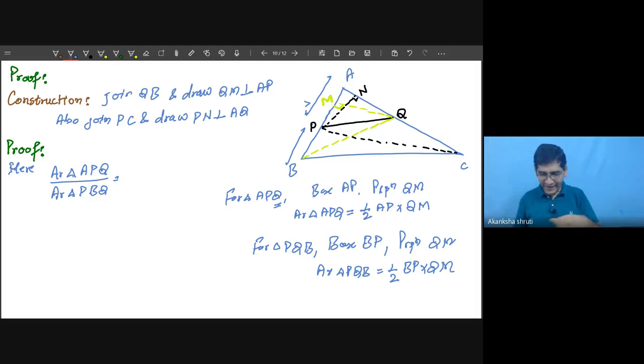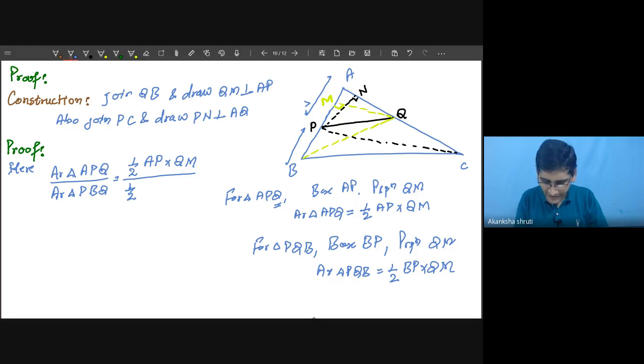Student, I had explained, area of triangle APQ can be written as half. In this case, the base will be our AP, so that we can get this ratio AP. And the perpendicular, while AP is taken as the base, Q is the other vertex. From Q, the M is perpendicular. So QM is like this one. And for the triangle PBQ, again half is there.